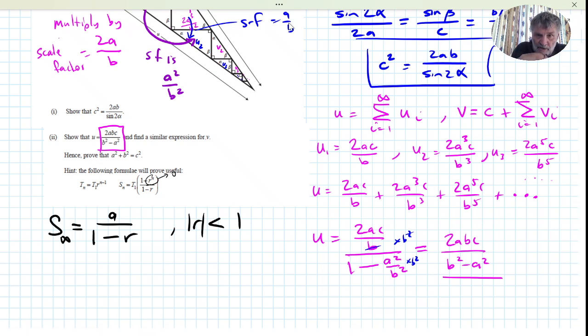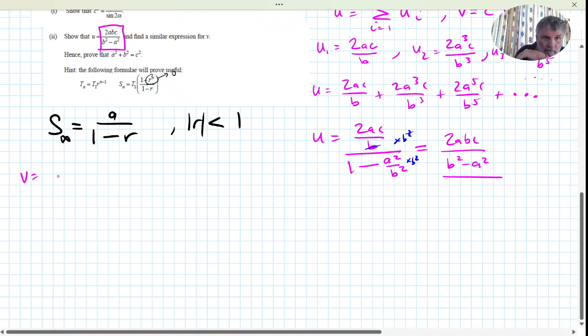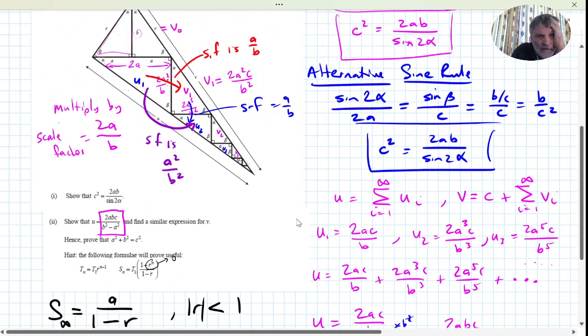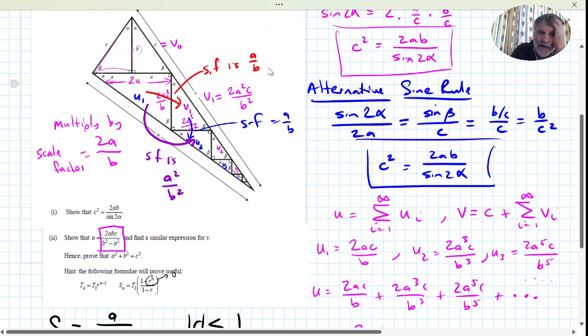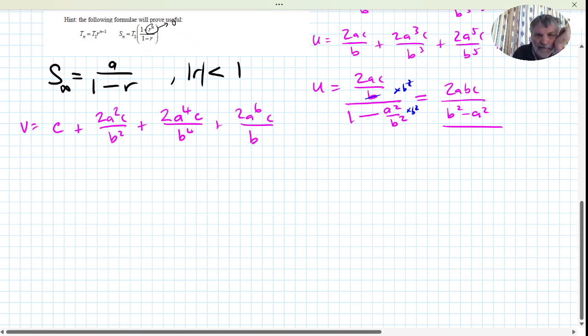A similar expression for v, remember we said was c plus v1, we found is 2a squared c over b squared. The scale factor was exactly the same, so the next one is going to be 2a to the 4 c over b to the 4, plus 2a to the 6 c over b to the 6, plus ... We've got a c at the front.